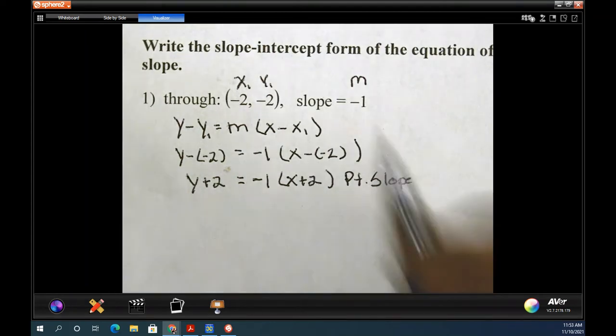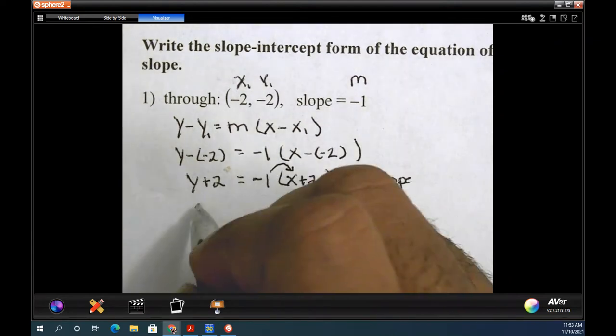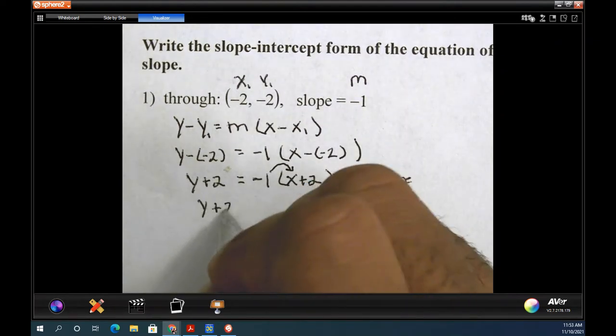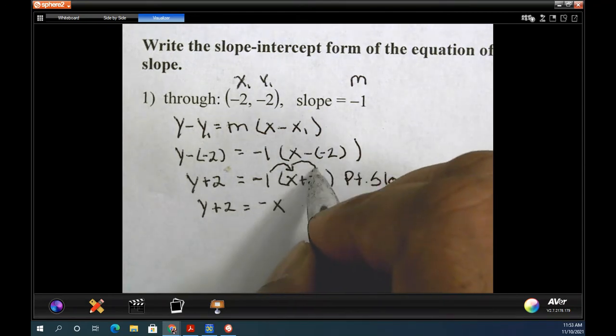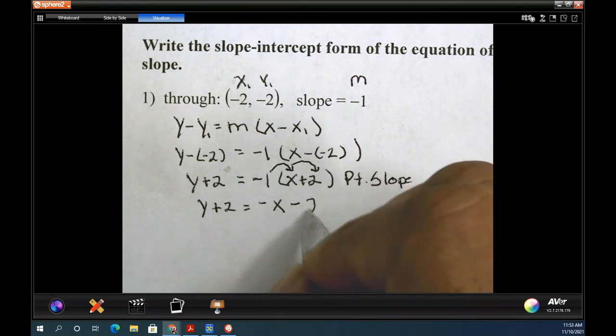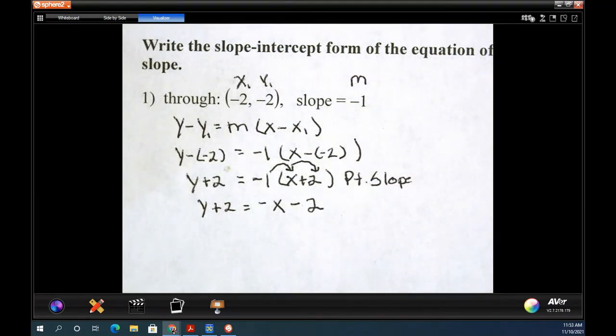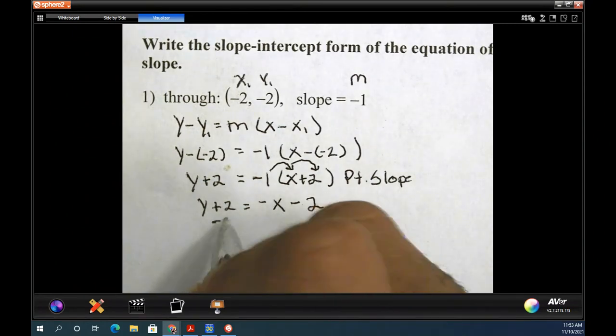Now, let's go to slope intercept form. We got to distribute there. Y plus 2, that would be negative x. And negative 1 times 2 is just negative 2, minus 2. What's the last thing we got to do here? Yeah, subtract 2. Do the opposite.